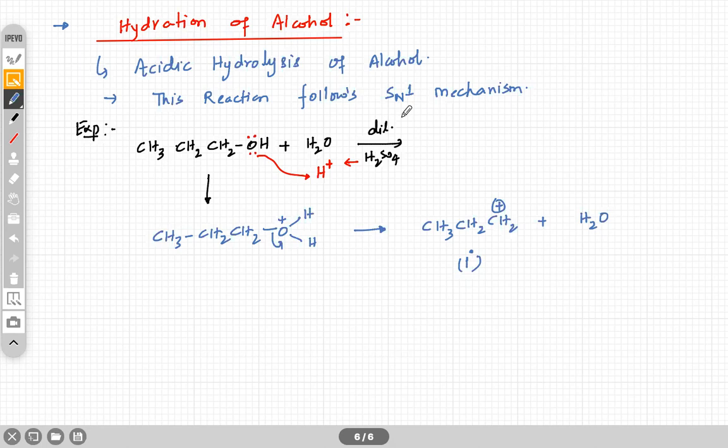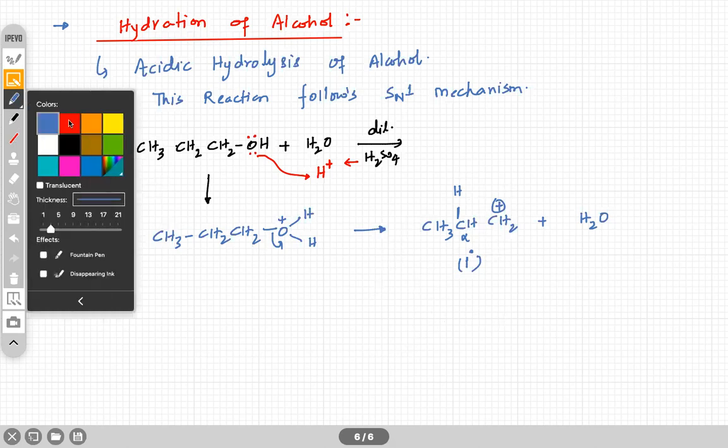Okay, so what happens, you see here, we have one carbocation, which is this, right? And we'll try to get another carbocation, and we'll see whether it is stable or not. See, we have one hydrogen present at this alpha position, right? So what happens in the reaction? It happens on its own. It's not like we are doing anything into it, right? It happens on its own that this hydrogen from the adjacent carbon, we can have hydrogen, we can have methyl, we can have phenyl here, right?